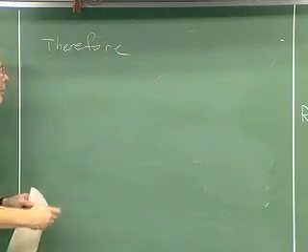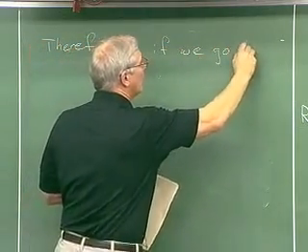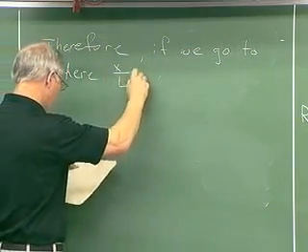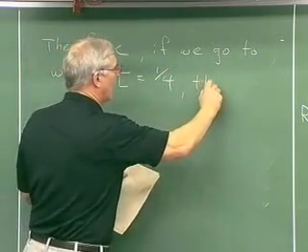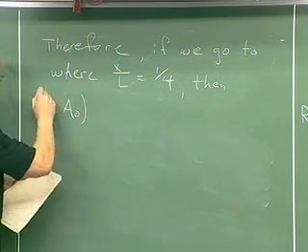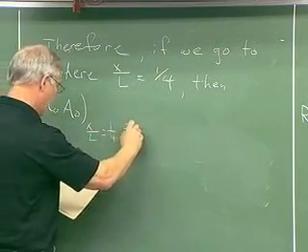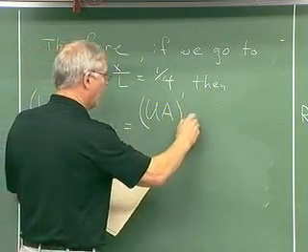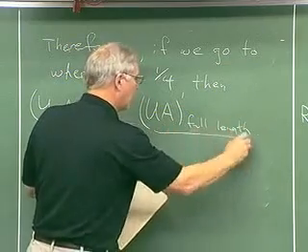Therefore, if we go to where x over L equals 1/4, then we can write that U0 A0 at x over L equals 1/4 is equal to UA for the full length that we already know divided by 4.